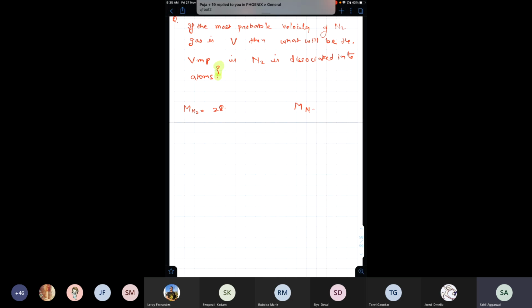Mass of nitrogen is 14. So VMP is equal to root 2RT by M. मान लो ये N2 के लिए है और N के लिए V is equal to root 2RT by M.